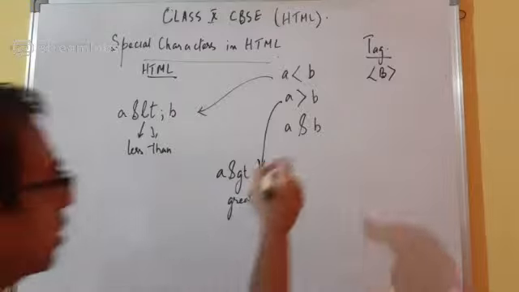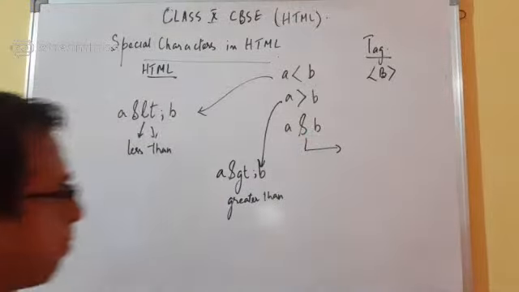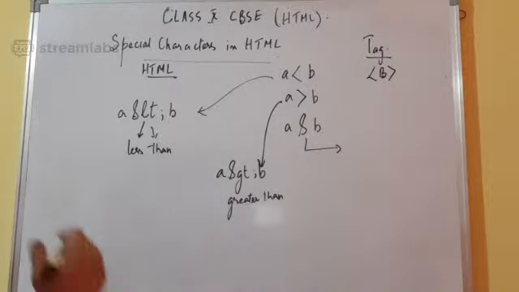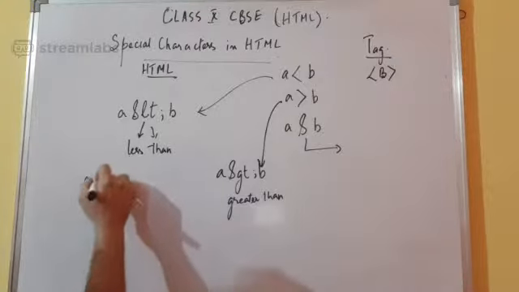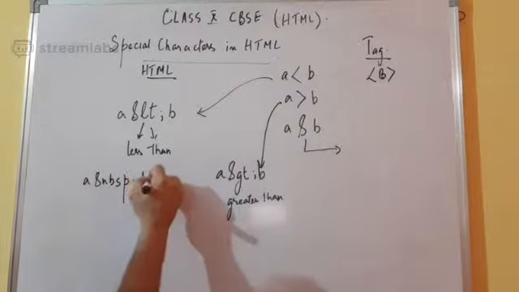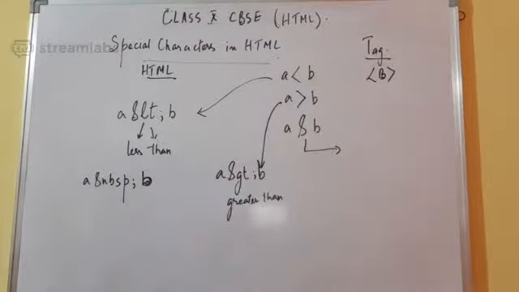Then we go to a ampersand b. How will you represent it? There's already a predefined character when we want to create a horizontal space between two words or any kind of things: ampersand nbsp. So we write a, ampersand nbsp, and then b.